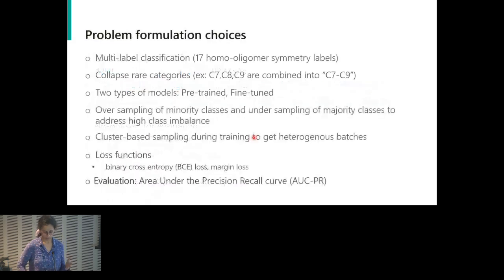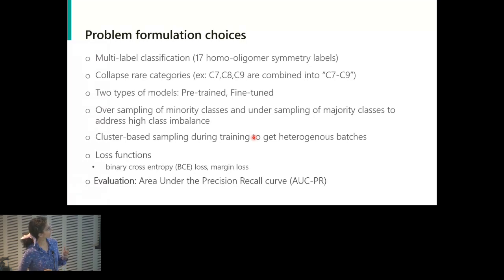Now, given the background and the data set, here are some problem formulation choices that led us to find the best model. We formulate protein homo-oligomer symmetry prediction as a multi-label classification problem with 17 homo-oligomer symmetry labels.